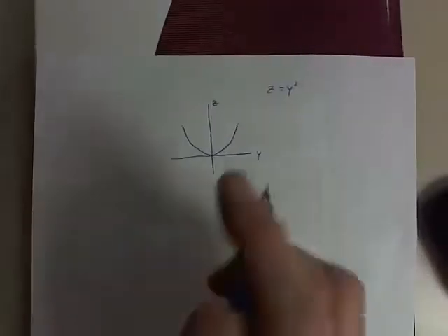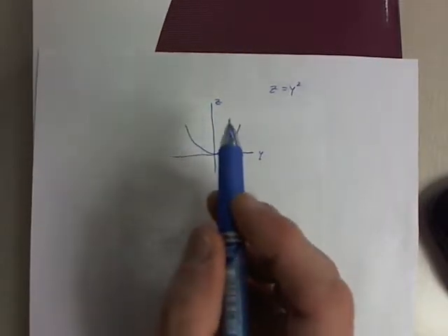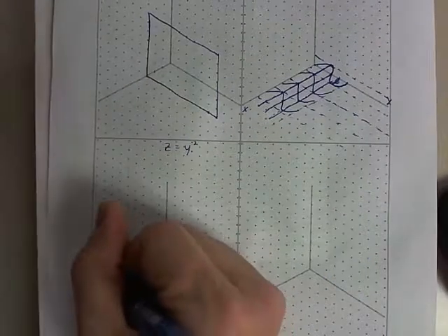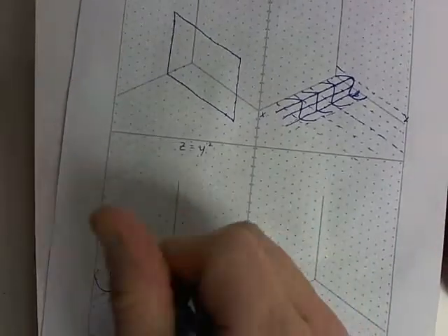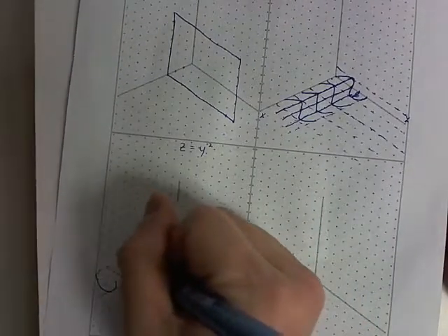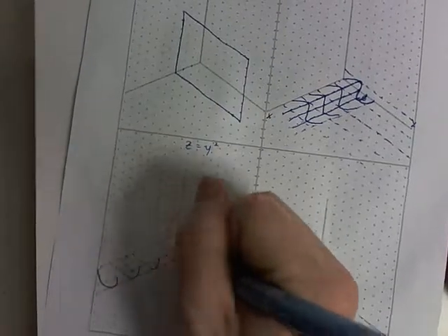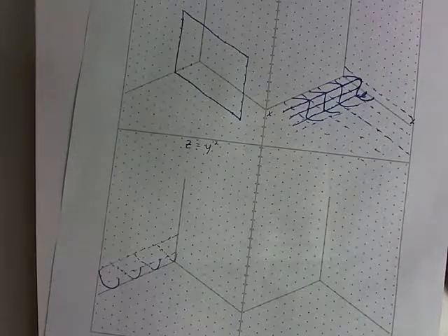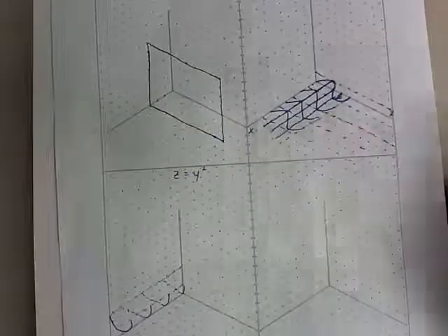Imagine a bunch of them stacked up, going along the x-axis. That's what we have going here. I don't know how good of a job I'll do drawing this, but it's going to look something like this. It's going to be all these parabolas going along the axis so that we just have a trough there. Well, that's what a cylinder is. This is an example of a cylinder, and this was an example of a cylinder.